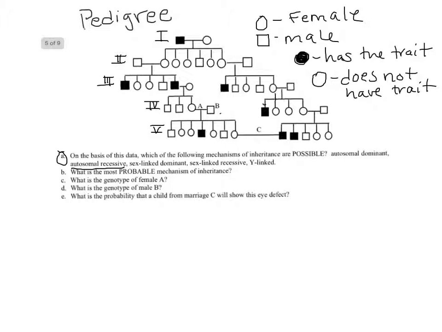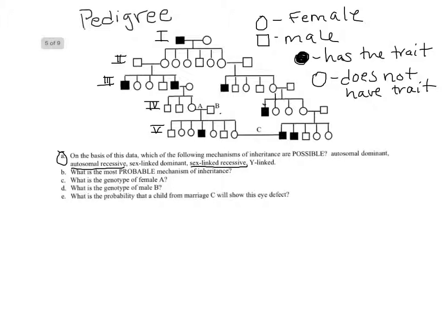Let's see, it might also be sex-linked recessive because what I'm noticing as I study this pedigree is that it really is only showing up in males. All of these affected individuals are male and none of the females appear to be affected.